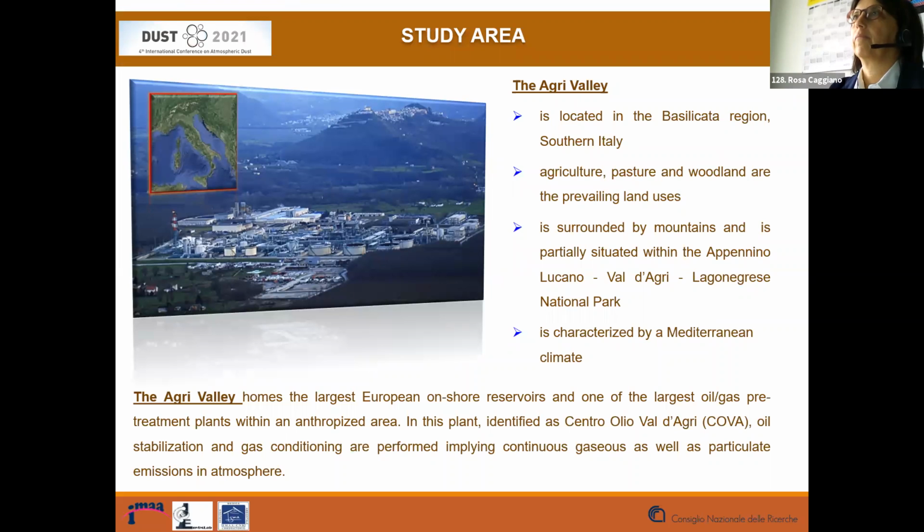The Agri Valley hosts the largest European onshore reservoir and one of the largest oil-gas pretreatment plants in an anthropized area. In this plant, oil stabilization and gas conditioning are performed, implying continuous particulate emission in the atmosphere.